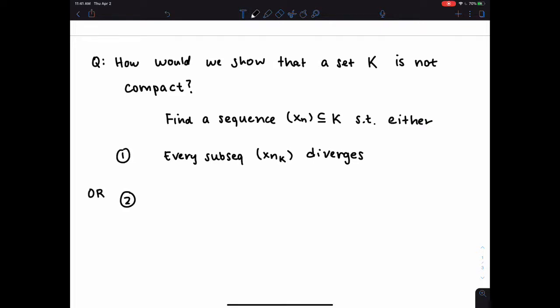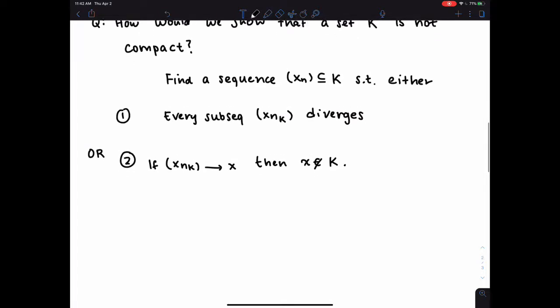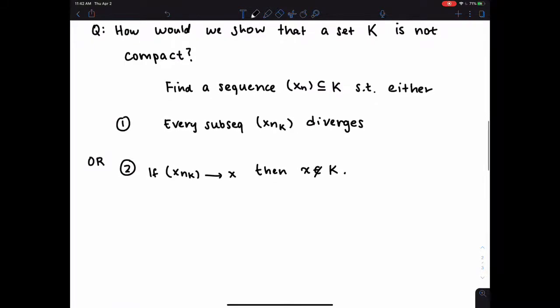Or it could be that if Xnk converges to X, then X is not an element of K. So what we're saying here is either every subsequence diverges and you don't have any convergent subsequences, or if you find a convergent subsequence, it converges, but its limit doesn't stay inside the set. So we have two ways that we can approach proving a set is not compact.